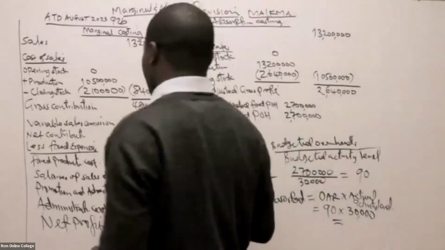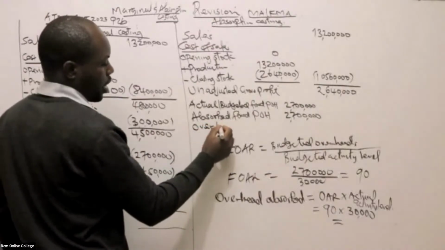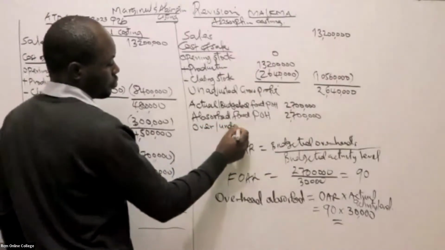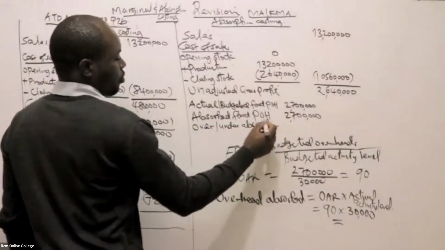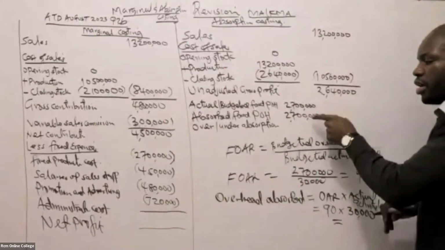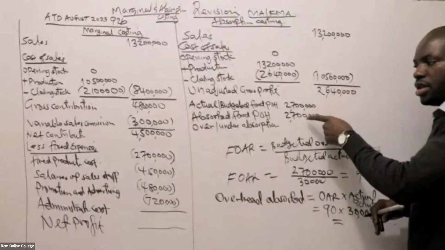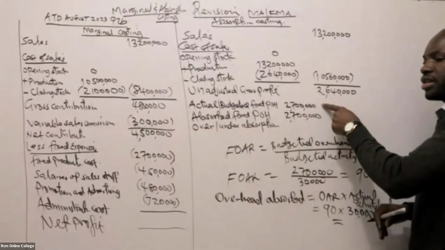So we now come here and talk about over stroke under absorption. If we have over absorption, it means the expense that was absorbed is greater than the real expense.